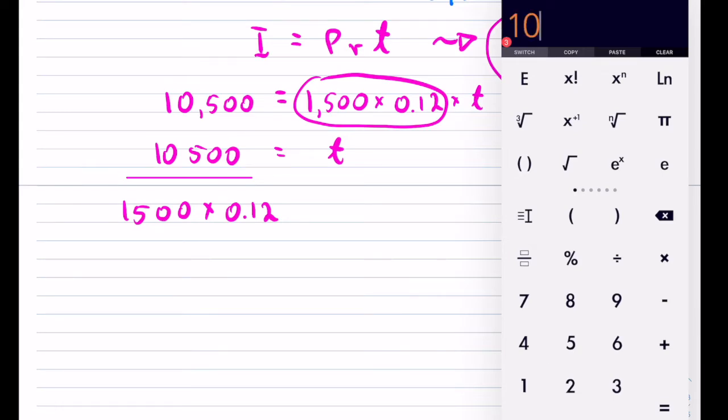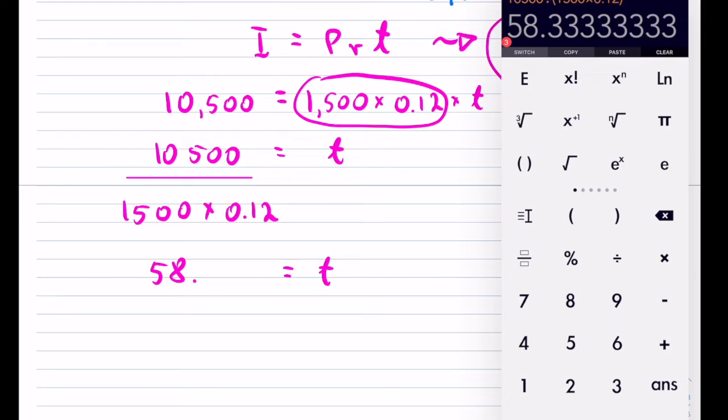I like to put those things in brackets at the denominator, 0.12, and this does it all for us. So T in this particular case is 58.3 repeating, because it's 3333333.